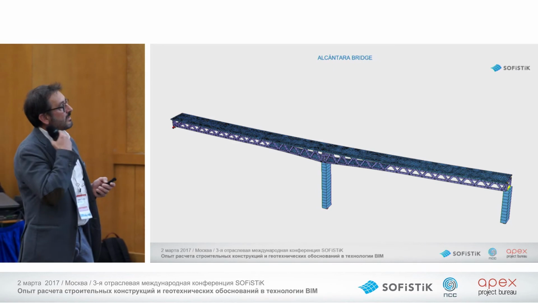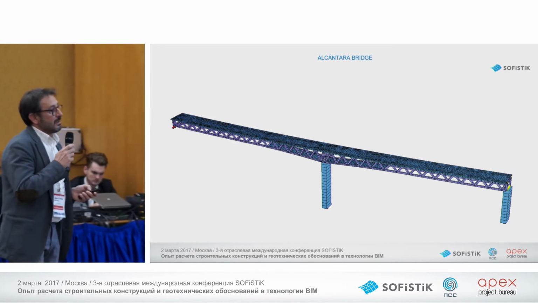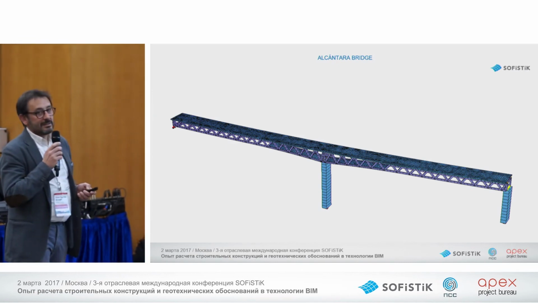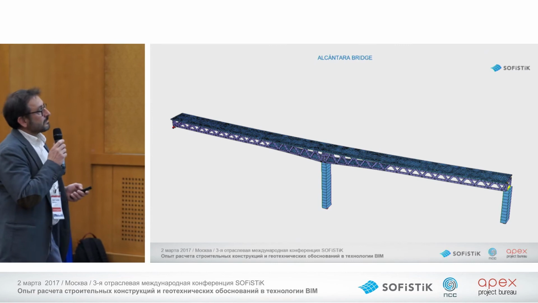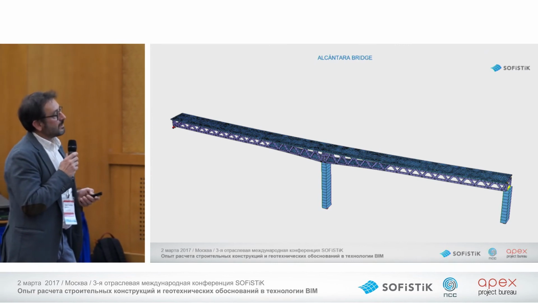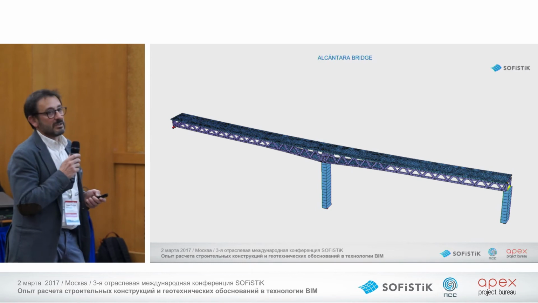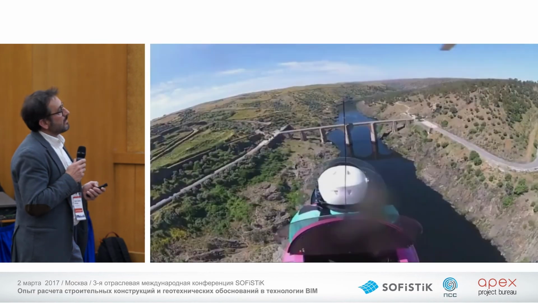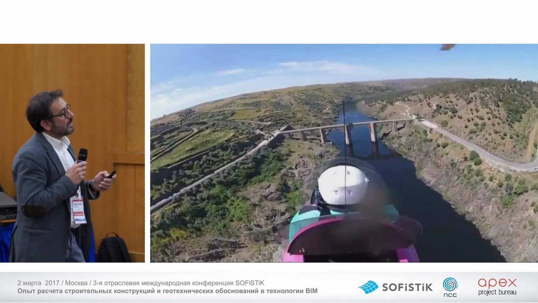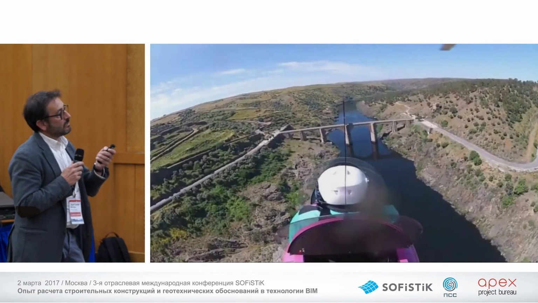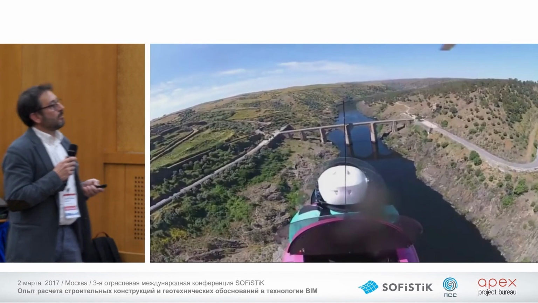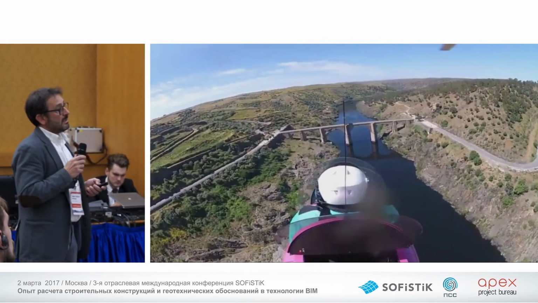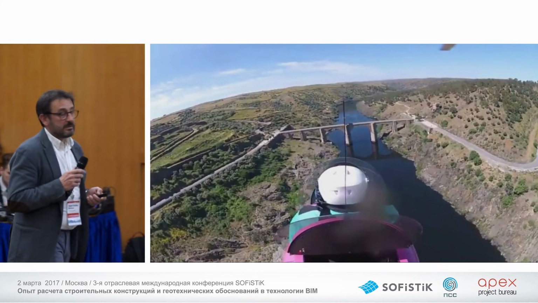And finally, this is Alcantara Bridge. This is in tender phase. I would like to win this concourse, this race to be the designers of that bridge. Alcantara Bridge is very famous in Spain. This is our idea. It's very famous because this is the Roman bridge, the most ancient Roman bridge with 80 meters length and 50 meters high.